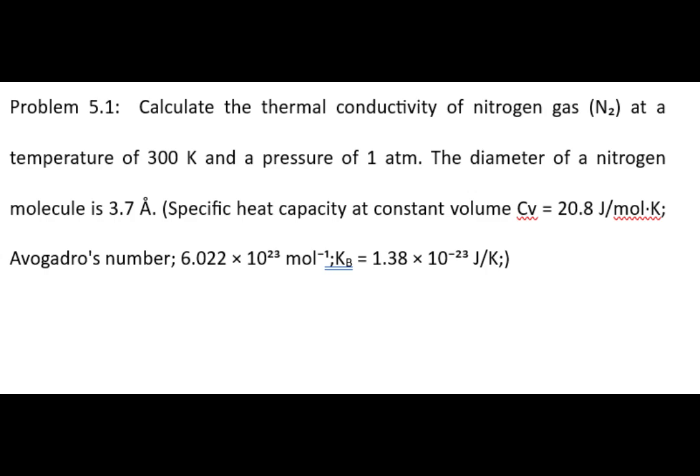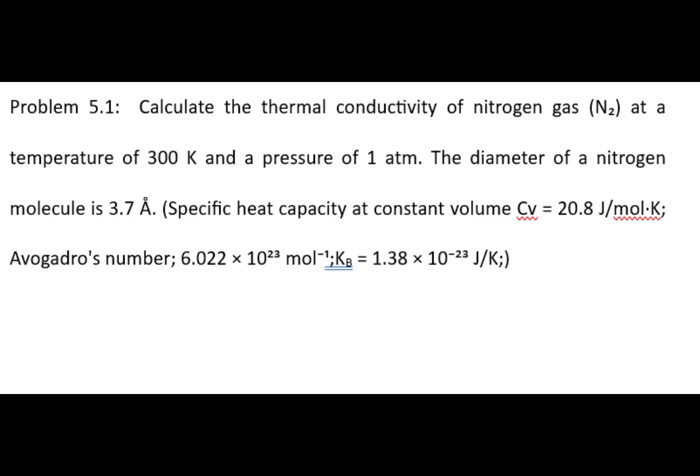Guide to solve problem 5.1. Here equation 25 or any other appropriate equation will be suitable. The values of average velocity and lambda will be calculated before being substituted into the equation. Remember to convert the diameter of the gas from Angstrom to meter and the molar mass of the gas molecule from atomic mass unit, AMU, to kilogram.